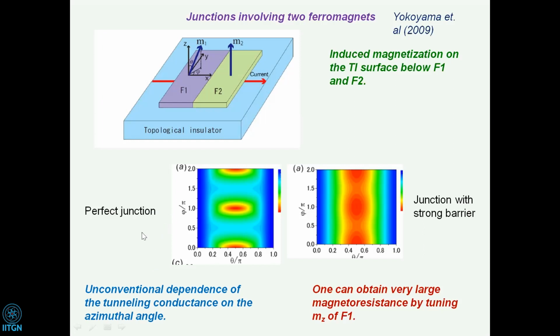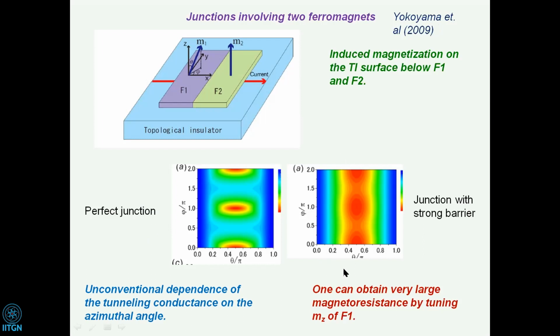And again, I'm not going to discuss this in detail. You can look at this paper by Yokoyama et al. This is on the arXiv in 2009. It later became a PRL. But the point is that this has to do with the spin-orbit coupling, the fact that your spin quantization axis has already been determined for these Dirac electrons.